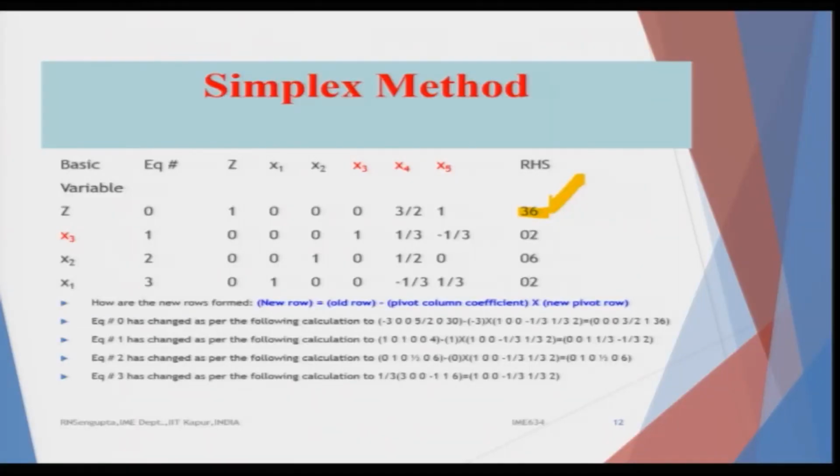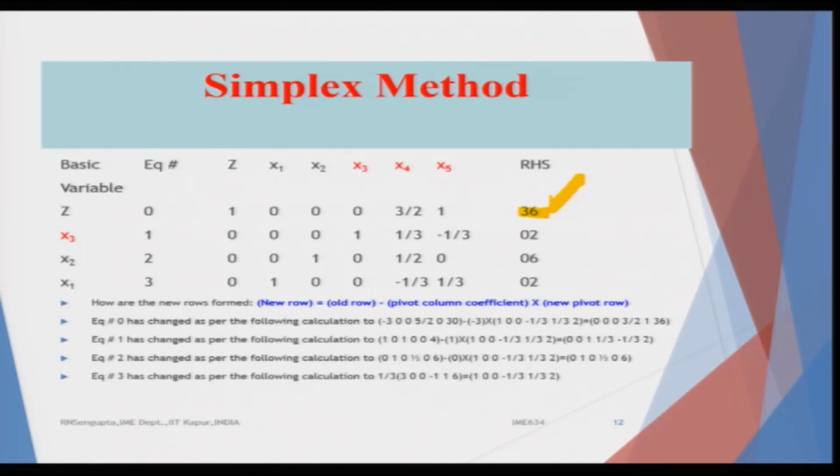Here, the new row is formed by the concept that the new row is equal to the old row minus the pivot column coefficient, multiplied by the new pivot row. So you have the pivot column, and you will take the corresponding element based on which row you are doing, multiplied by the new pivot row. Column-wise you will pick up each element in the pivot column and multiply it by the corresponding pivot row, which is basically fixed.